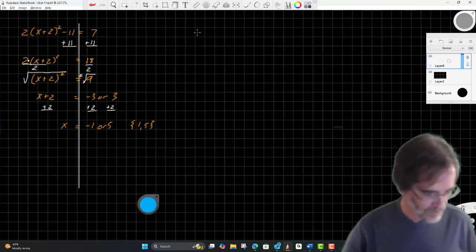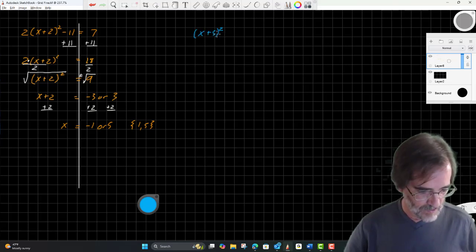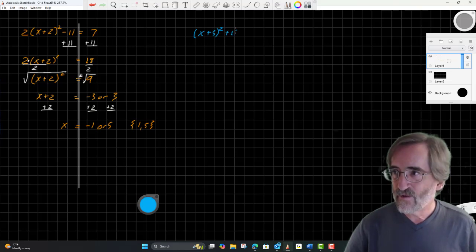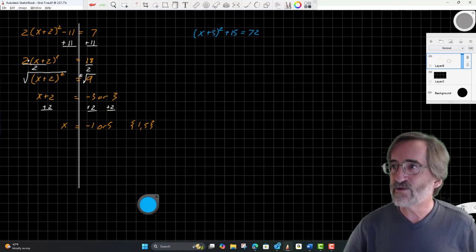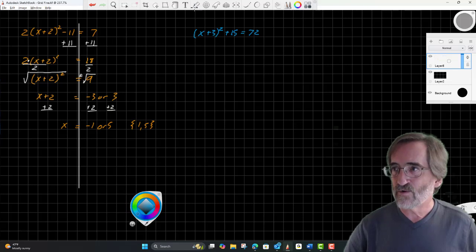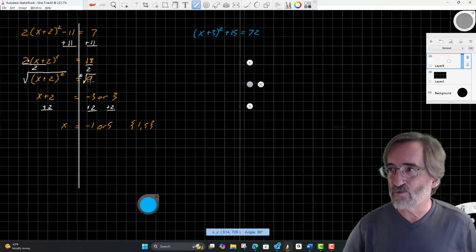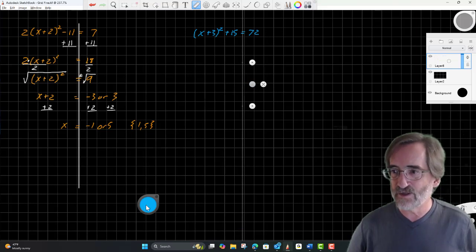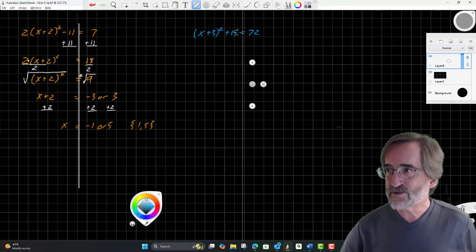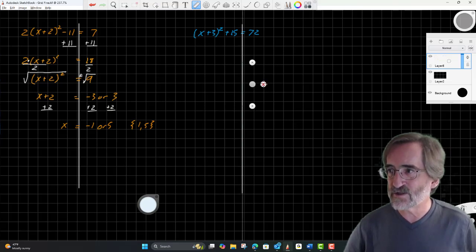And let's go x plus 3, quantity squared, plus 15 equals 72. And that is a 3, not a 5. Okay, so again, we're going to solve the equation by obeying the rules of solving an equation, by undoing. Get the x alone, get rid of things by doing opposites or inverse operations.